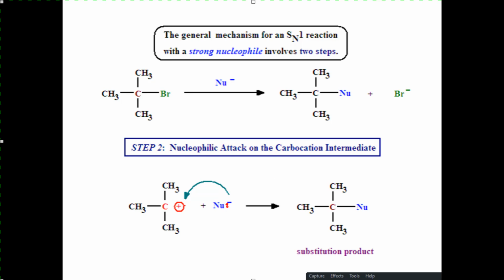We have a +1 species, the carbocation, reacting with the -1 species, the nucleophile. So this two-step mechanism is what's proposed for the SN1 mechanism, where the 1 stands for a unimolecular process.